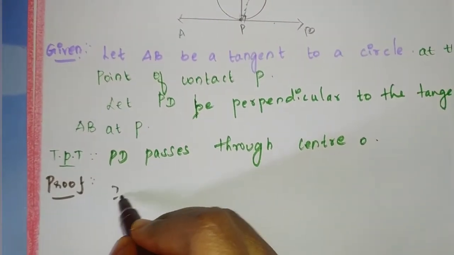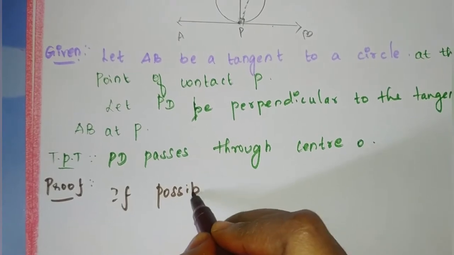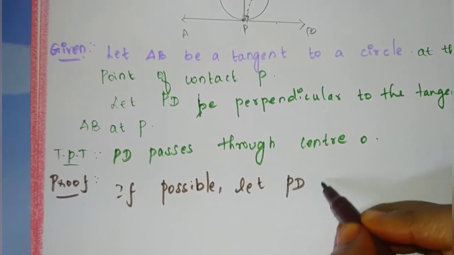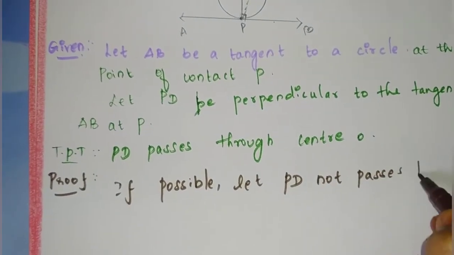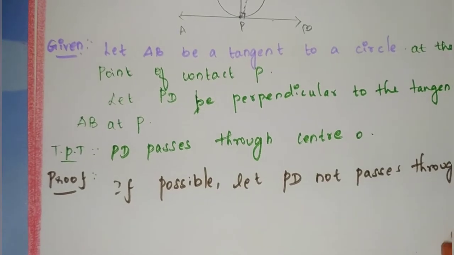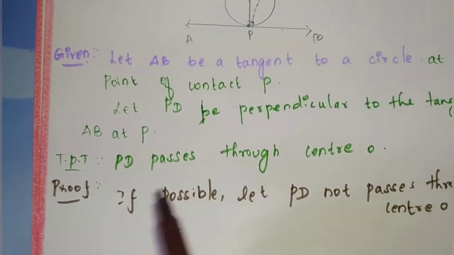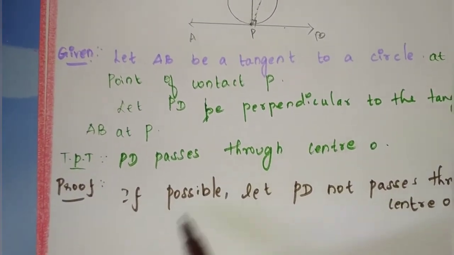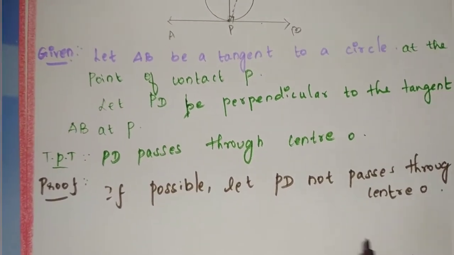This one also, I am going to consider that if possible, let PD not pass through the center O. Clear, children? We have to prove that PD passes through the center O, but I am going to take that let PD not pass through center O first.